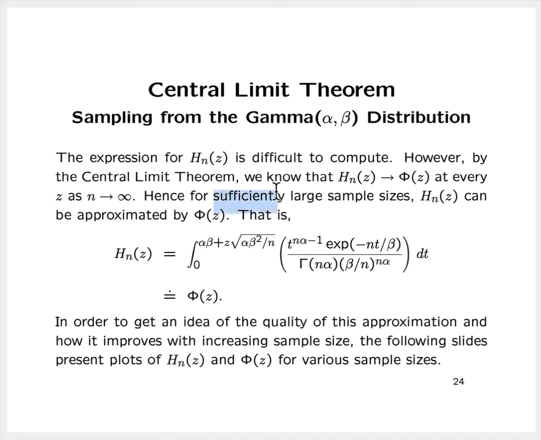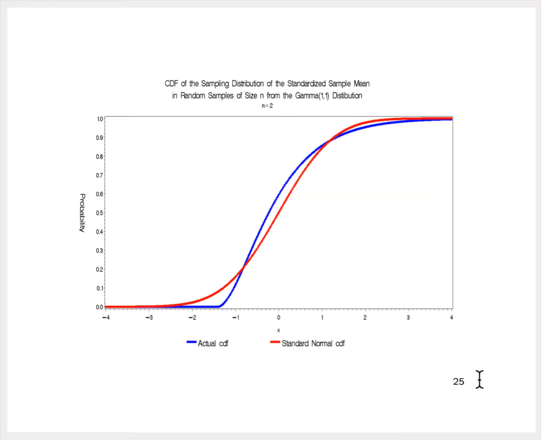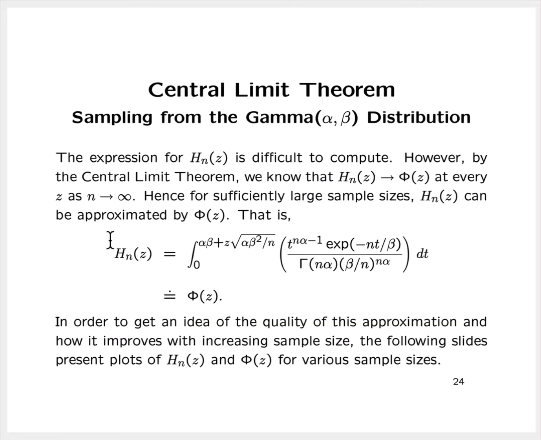This helps us get an idea of what sufficiently large means in this situation. For samples of size 2, here I've got a graph where the blue curve is the actual CDF of Z sub n. The blue curve is H sub n.